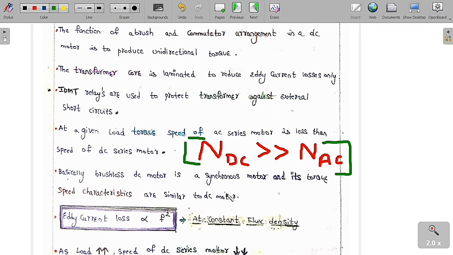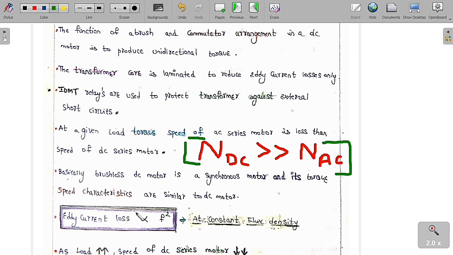These things I have already told you. It means whenever the load increases, the speed will decrease. These are the characteristics similar to a DC motor. Whenever the load increases, the speed decreases in a DC motor, and the same thing happens for a synchronous motor also. Therefore, a brushless DC motor is a synchronous motor and its torque speed characteristics are similar to a DC motor.